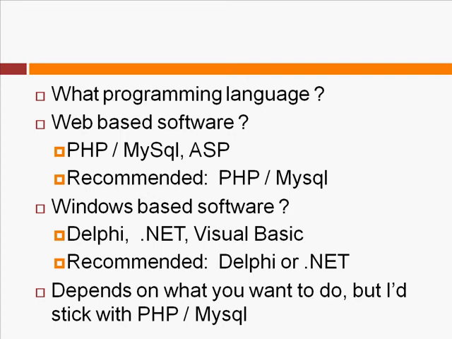For example, if you were to create a software that deals with Microsoft Outlook or Microsoft Word, then you would have to create a Windows-based software. But if you think about it and your software does not have to touch any other softwares on your computer, then I would go with web-based software.